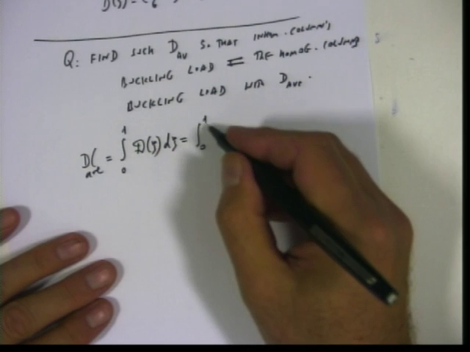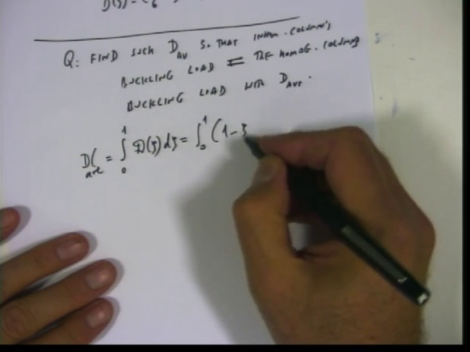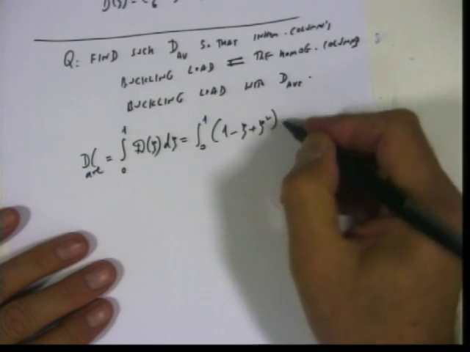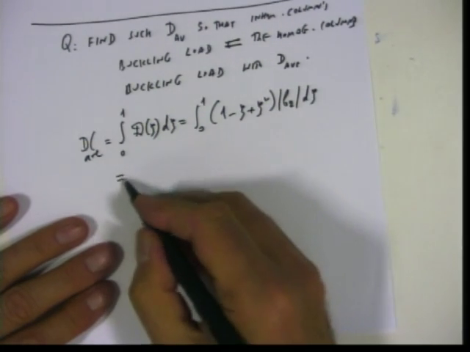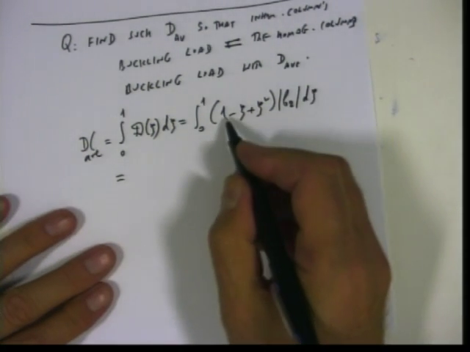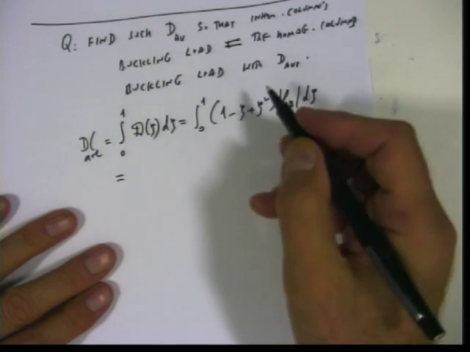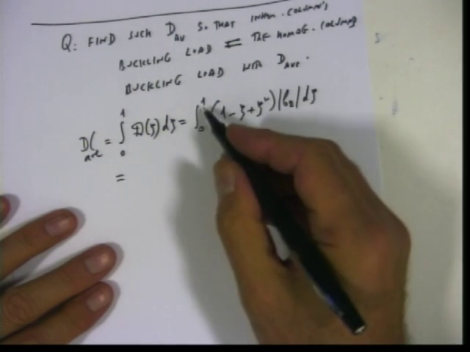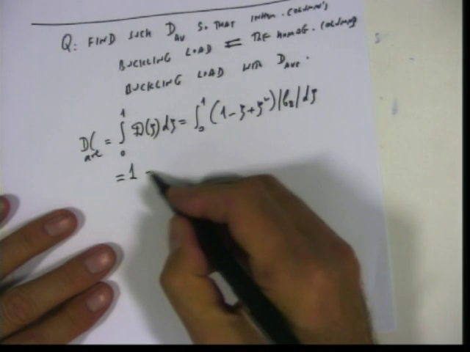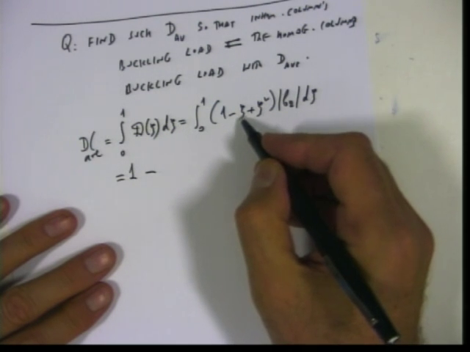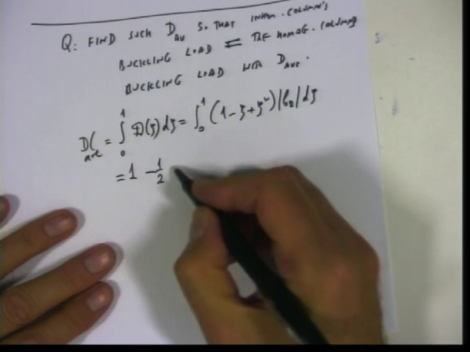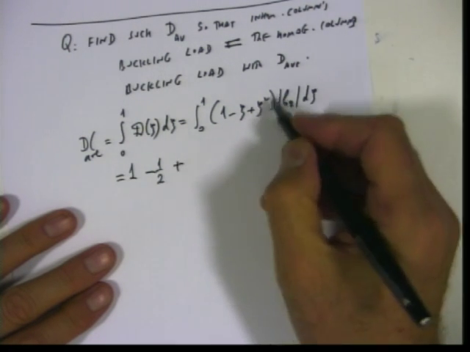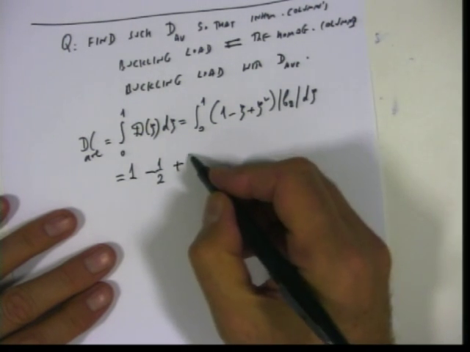So I'm getting integral from 0 to 1, 1 minus xi plus xi squared, b2 d xi. So when I integrate 1, I get xi, that means 1. When I take this term minus xi squared over 2, so that will be 1/2. Plus, then it is xi cubed over 3, so 1/3.